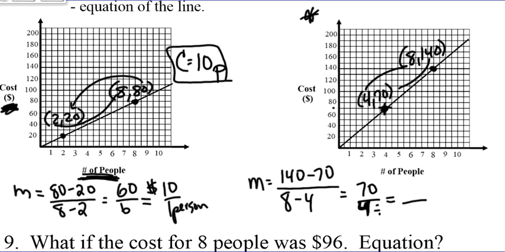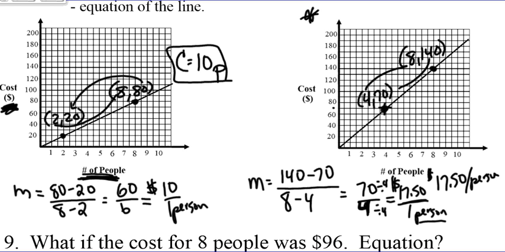So let's reduce by 4 so that we have one person for x, and that means 70 divided by 4 works out to be 17.50. So what does that tell us? Y is money, x is people, so this is telling us it's $17.50 per person for whatever it is.